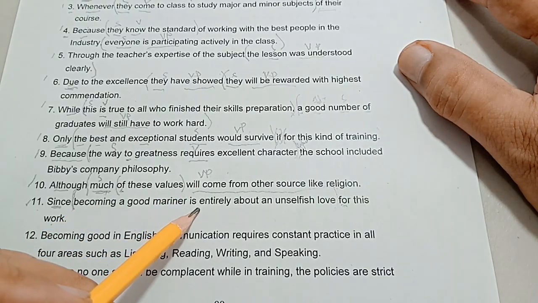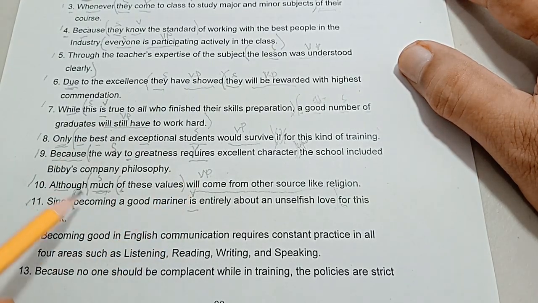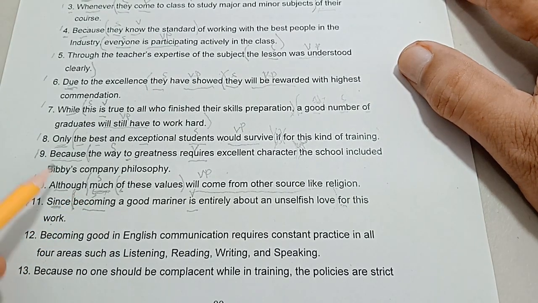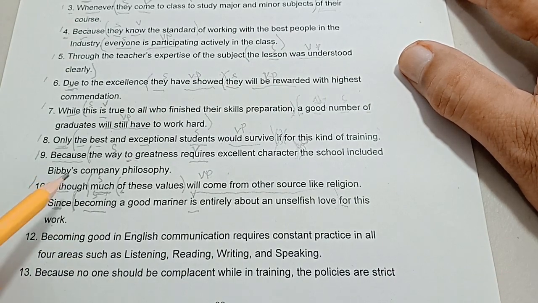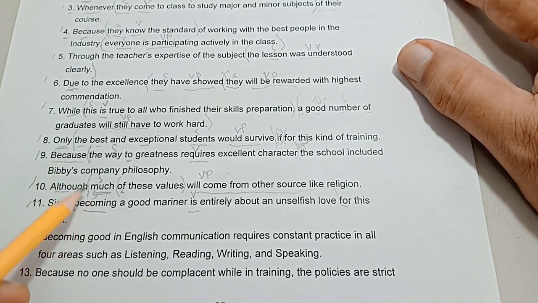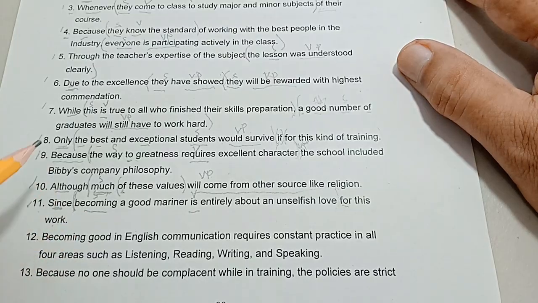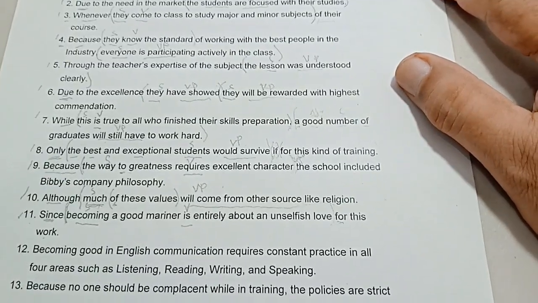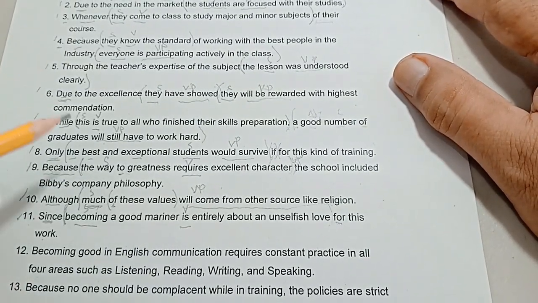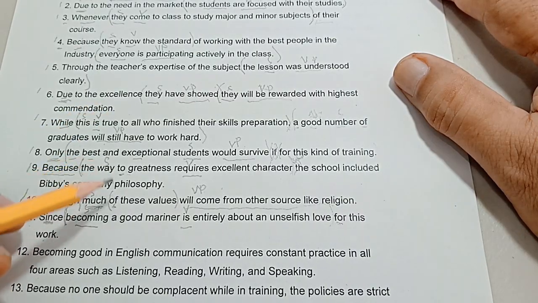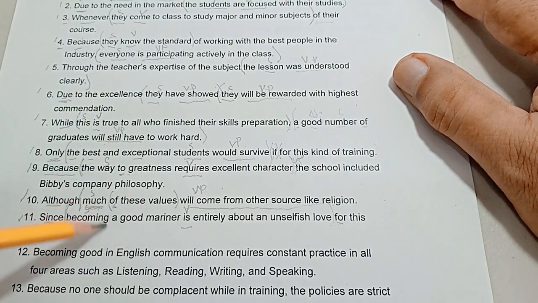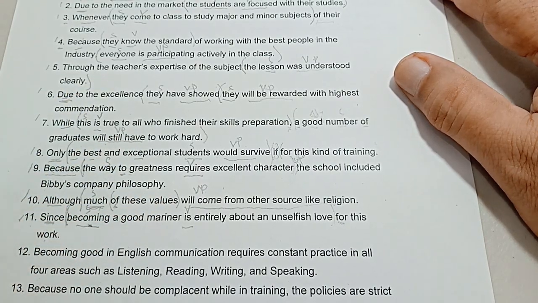So, ang iyong verb ay ang is at becoming mo is the subject. Okay? Yeah, ang tawag dyan. Pag ganyan na, pag ang ing form of the verb ay nagiging subject, ang tawag dyan ay gerund. Becoming is entirely about selfish love. Pwede rin na a good mariner, pero hindi yan papasok dyan. Talagang dito lang siya. Next, 12.